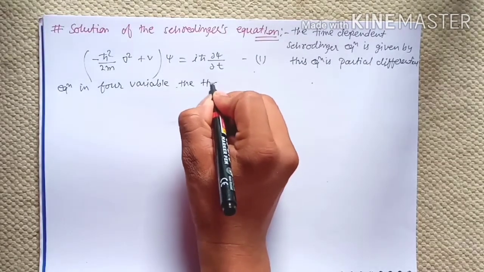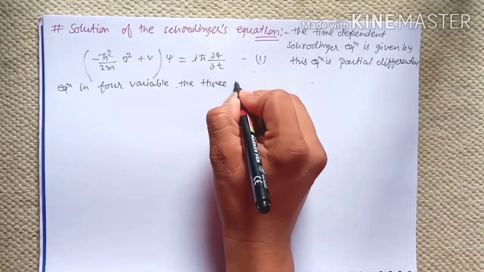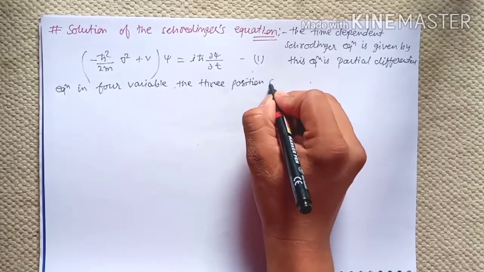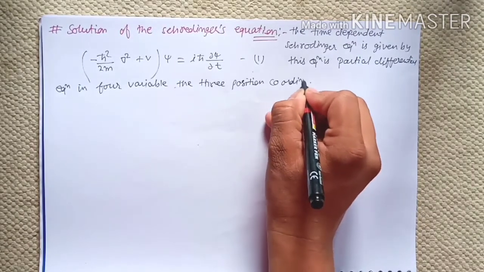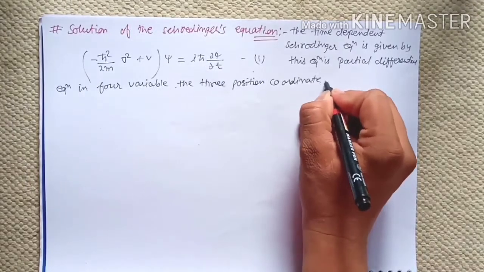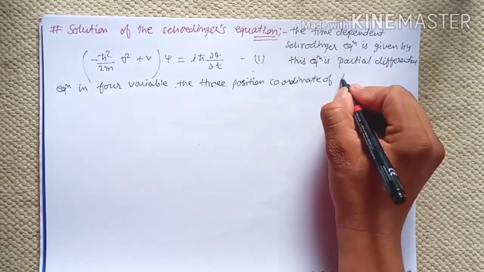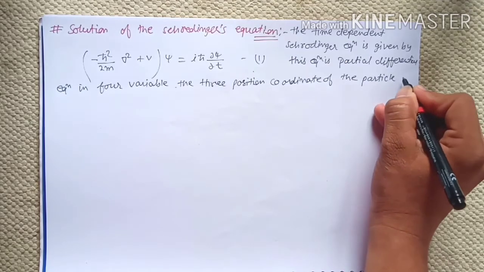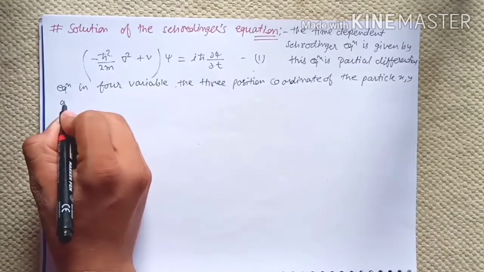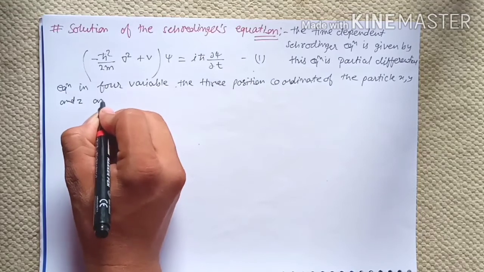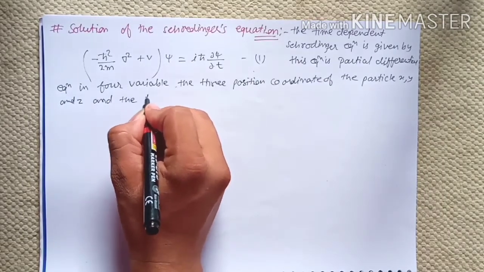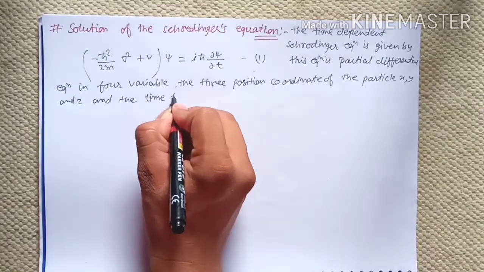The 3 position coordinates of the particle x, y and z, and the fourth variable is time t.